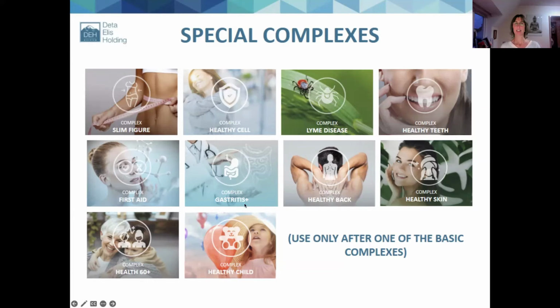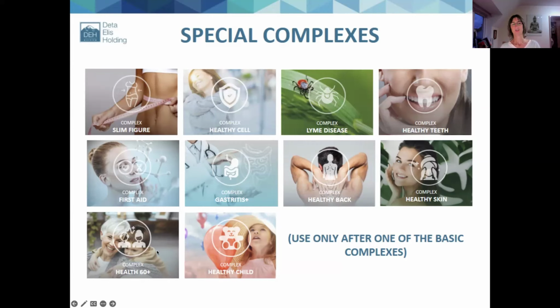So we're looking at things like helping digestive inflammations, helping teeth and gum disease issues, skin issues rather than general skin health. We're looking at weight loss. We're looking at, they call it healthy cell. These are, I think, designed as kind of safe oncology programs. Lyme disease, that's a big one. Had some clients have a lot of success with the Lyme disease protocol, and so on and so forth.